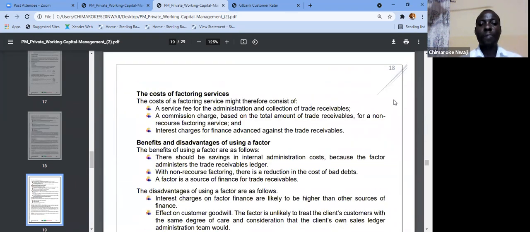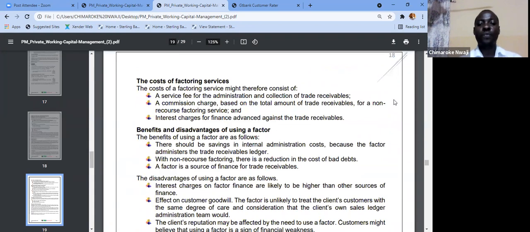So what are the costs of debt factoring services? The cost of using a debt factor service includes the service fee you are going to give to the debt factor for collection of your trade receivables.